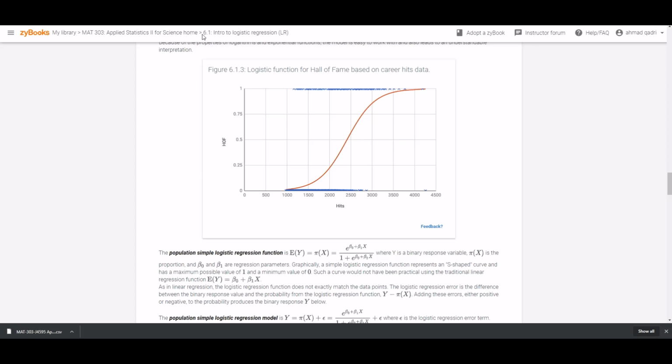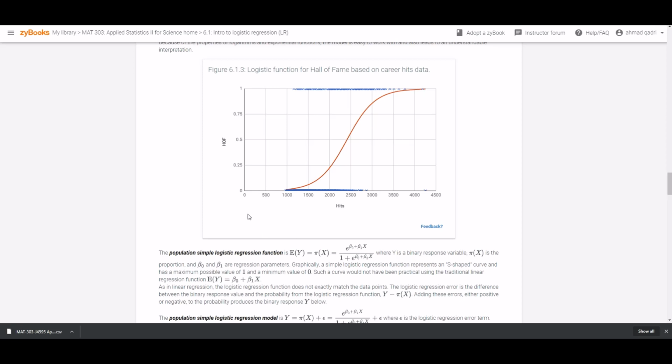This is section 6.1, and here we have the logistic regression function given. So if you notice here, we're just using one predictor, beta 1x. Okay, so that's why you just have one predictor given here, and this is the general form of the logistic function when you have one predictor.